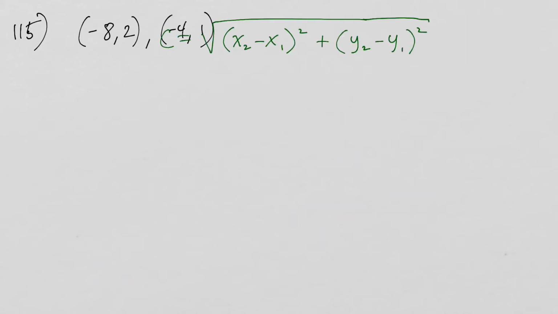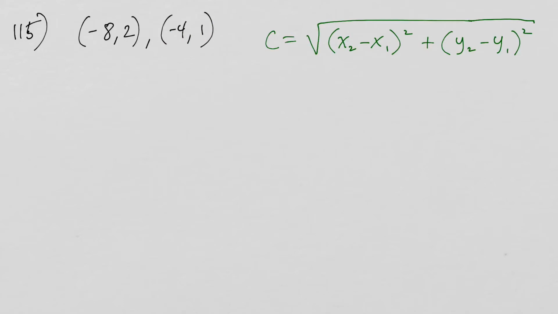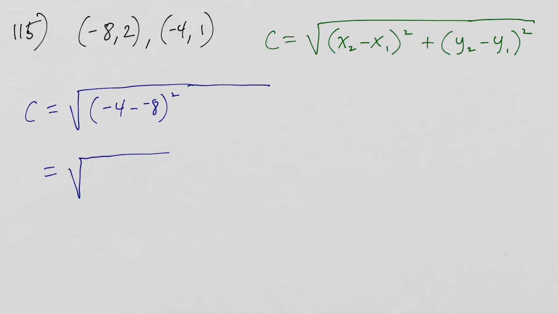Okay, so the formula, let's just paste it here, is like that. So I have C is equal to the square root of the difference of the x's. So something like -4 minus a -8 squared, which is -4 plus 8, which is 4 squared.